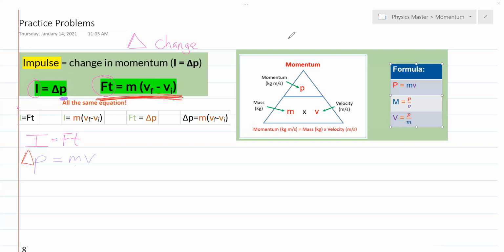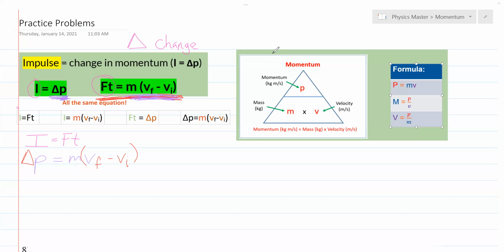The V. There's an initial velocity and a final velocity. So this is the same as me saying VF minus VI. That's why this delta P is the same thing as this M times VF minus VI.